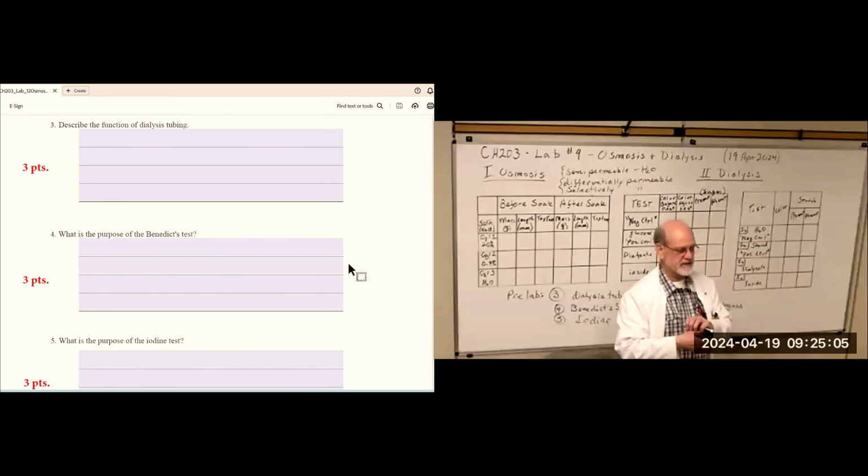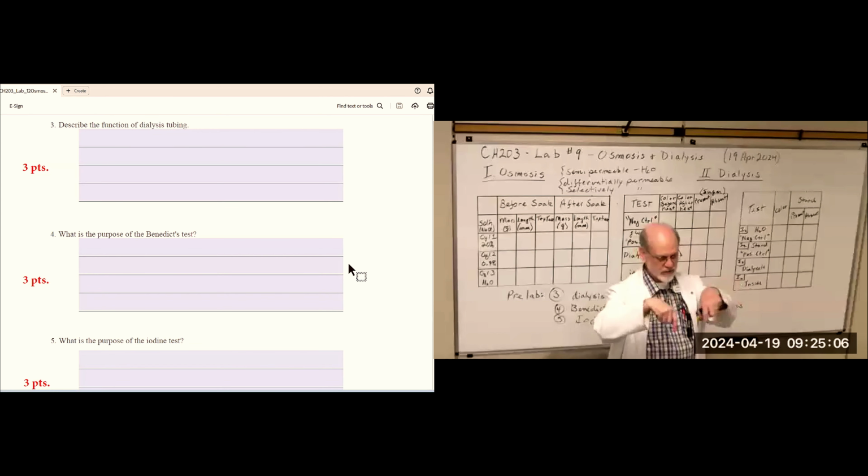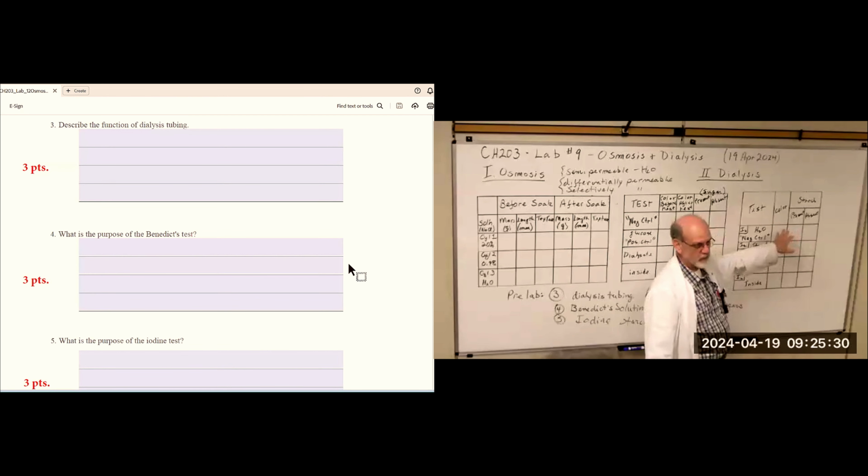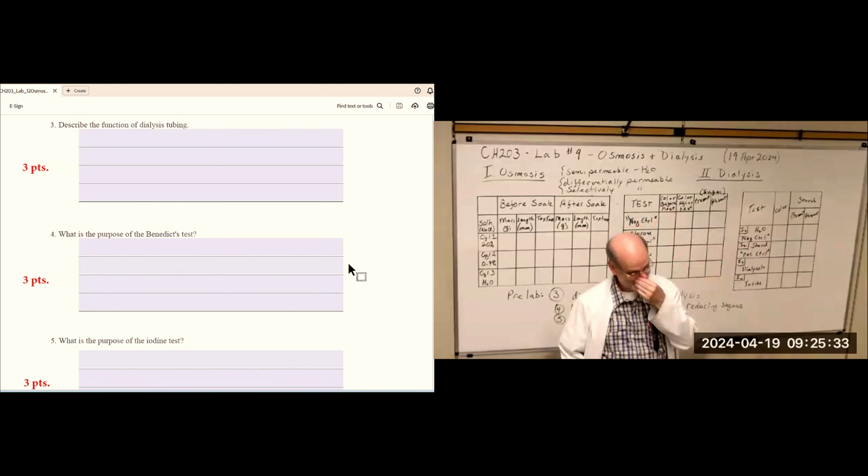And then we're going to test the solution outside the dialysis tubing, which is the dialysate. Test one for reducing sugar and then do an iodine test on it also and see which one passes through the membrane. Now, if everything works as it should, the simple sugar should pass through the membrane, but the starch should not. It's too big. It won't go through the holes. Those are our expectations.